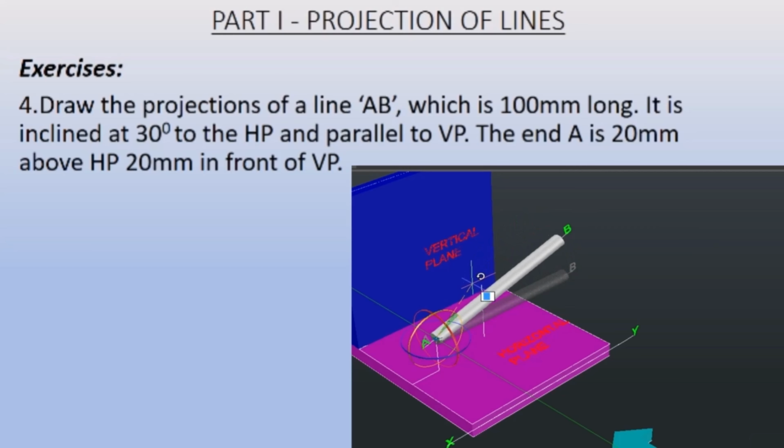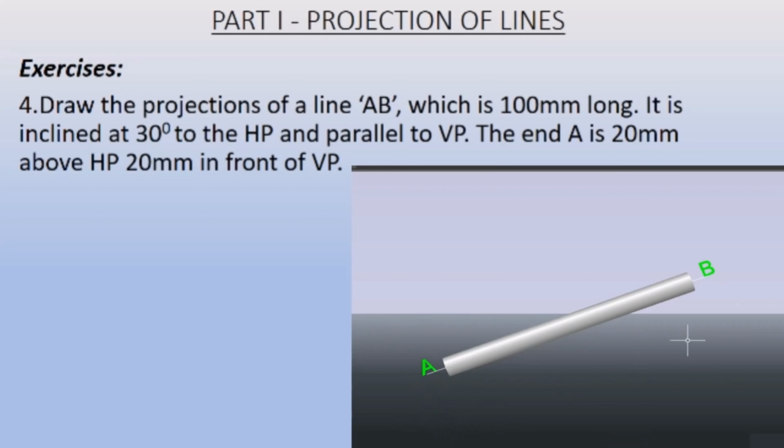So you see that I am making the angle with respect to the horizontal plane. That is why it is rotating in this fashion, and in any position of this, this is parallel to the vertical plane. I'm only changing the angle with respect to the horizontal plane. So let's say the angle 30 will belong here.